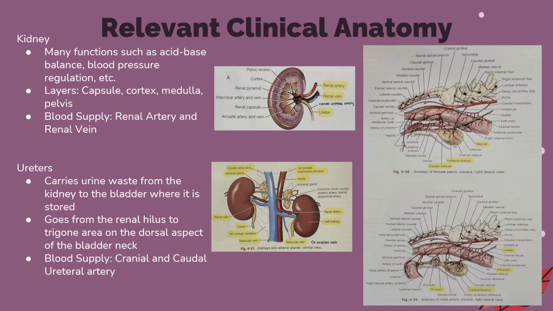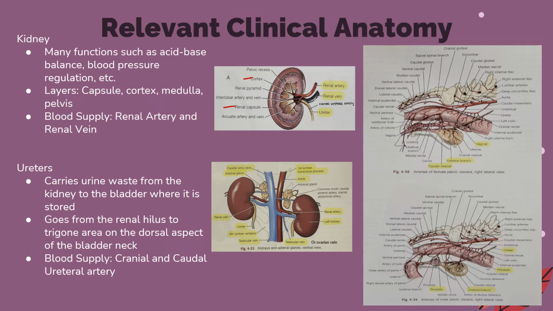In terms of kidney anatomy, as we know, they have many functions such as acid-base balance, blood pressure regulation, etc. But overall, the kidney is a pretty simply structured organ. You have the renal capsule. Deep to the renal capsule is the cortex.